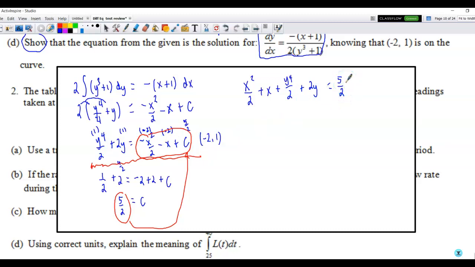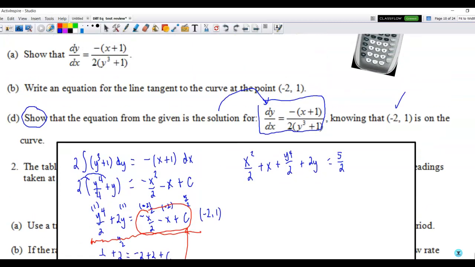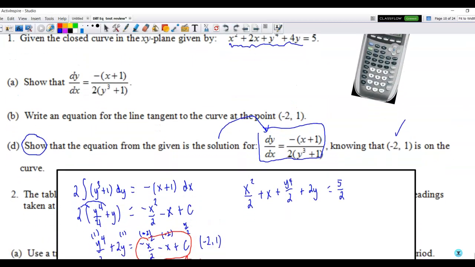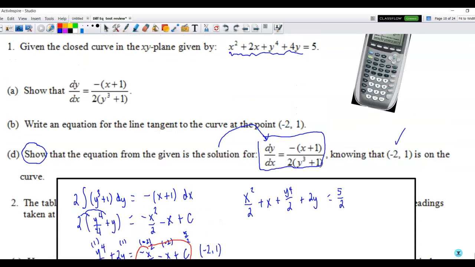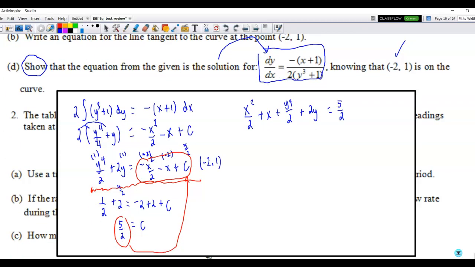Now, the equation above, I don't currently have that, so what I'm going to do is multiply everything by the least common denominator of 2, everything on both sides. So the left side gets multiplied by 2, and the right side gets multiplied by 2.